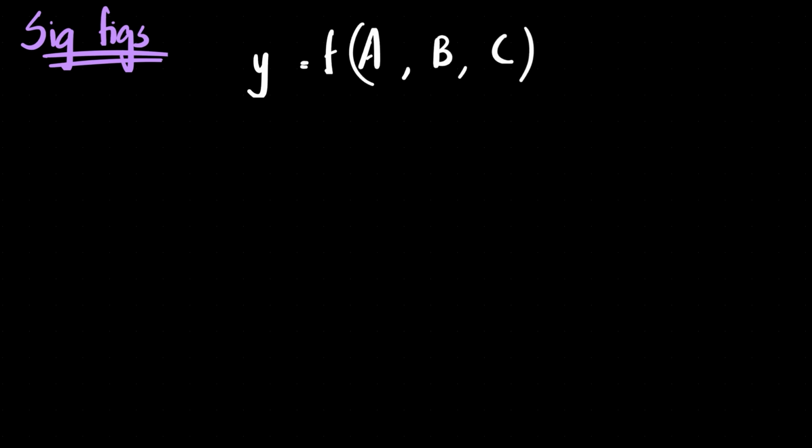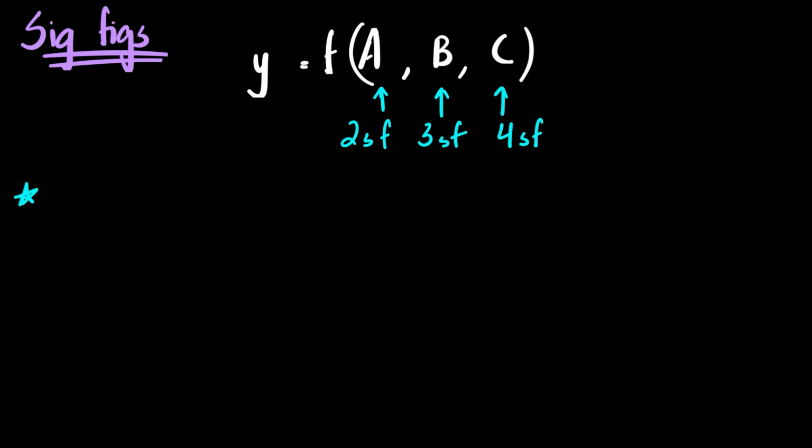It could be multiplication, division, addition, subtraction, raised to certain powers, but you have some equation that uses a, b, and c, and let's say we know that this is 2sf, this is 3sf, this is 4sf, right? SF means significant figures.